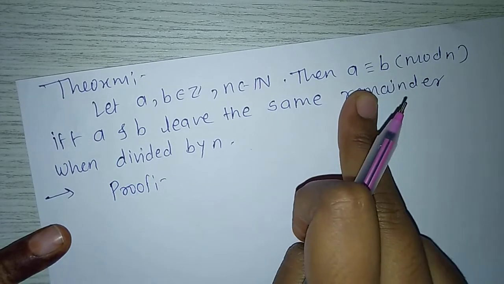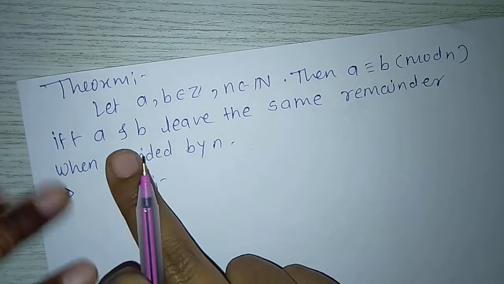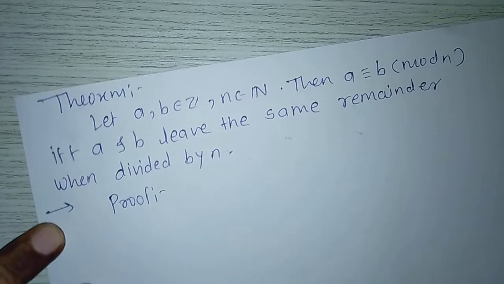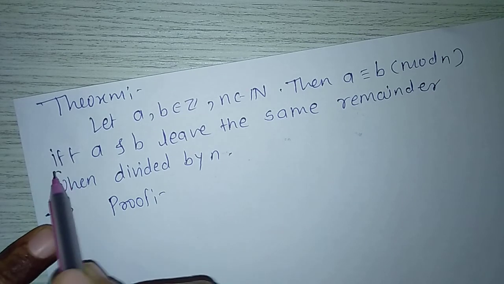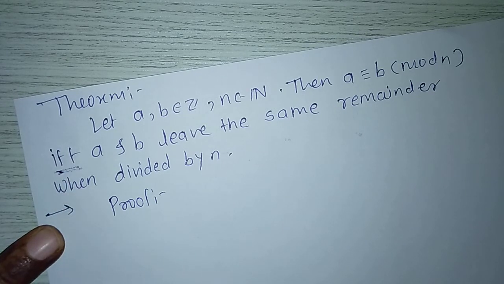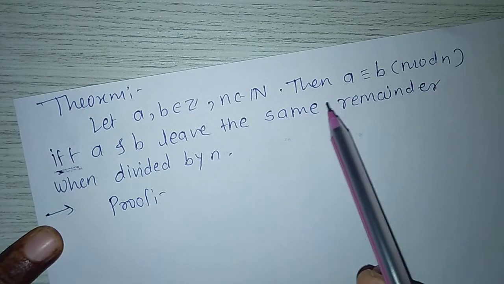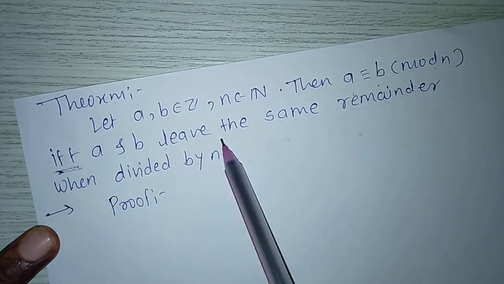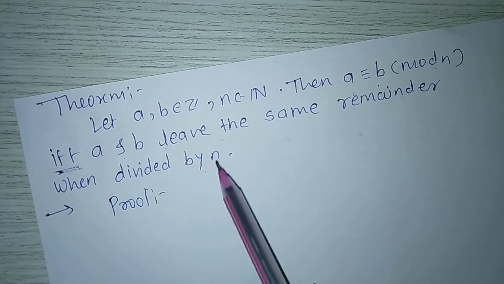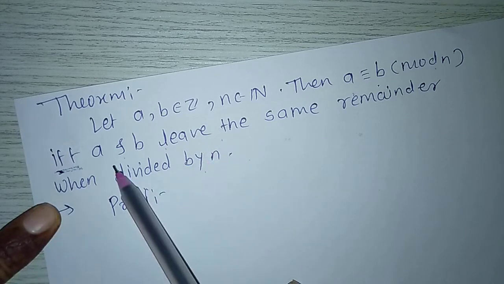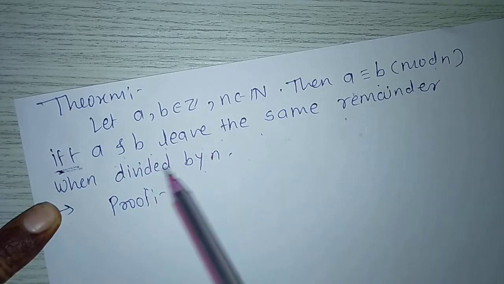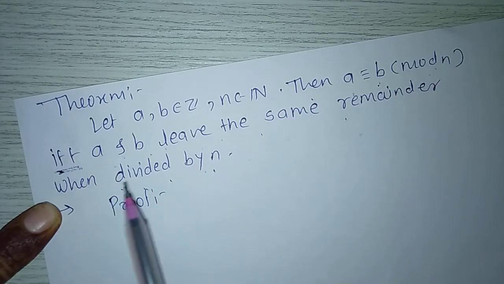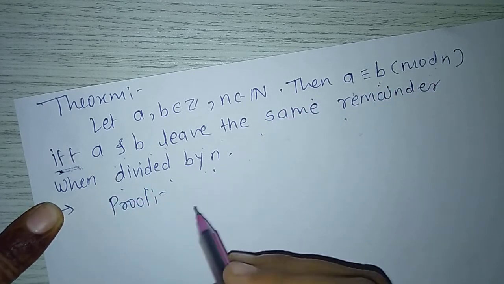Given a is congruent to b modulo n, to show that a and b leave the same remainder when divided by n. This statement is in the form of if and only if. That's why we have to show that first, if a is congruent to b modulo n, then a and b leave the same remainder when divided by n. And second, if a and b leave the same remainder when divided by n, then a is congruent to b modulo n. Proof.